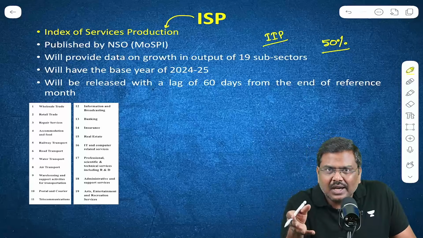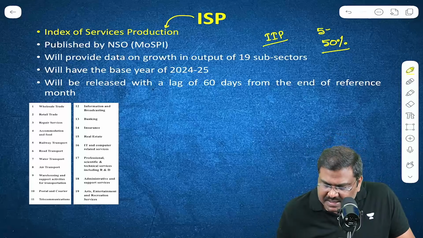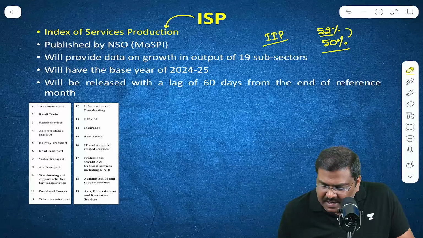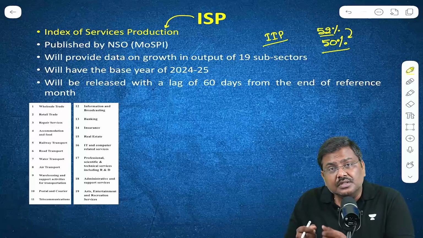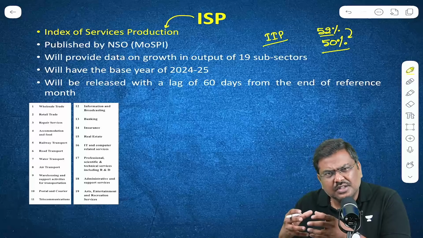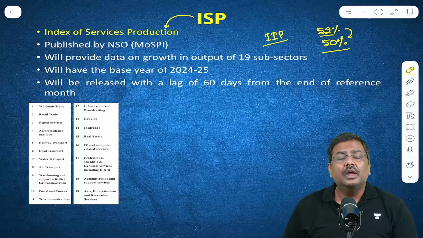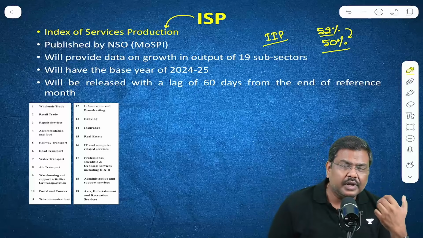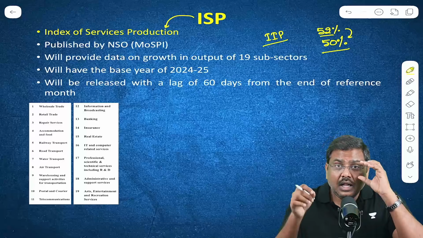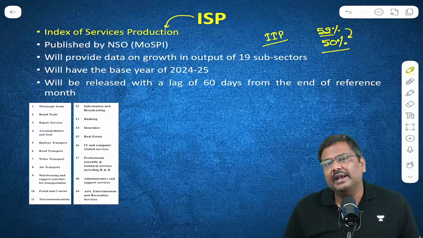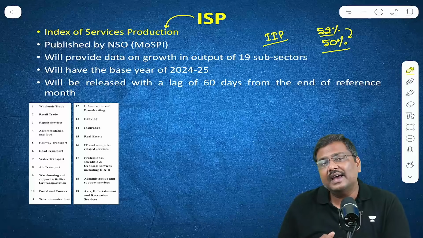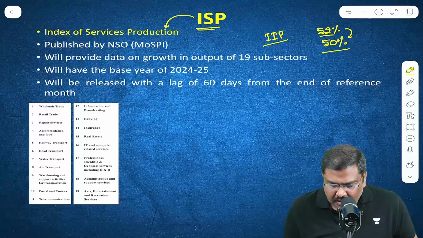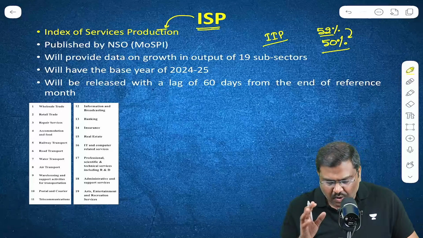In fact, according to the latest data, 52% of the gross value addition has come from the services sector itself. In addition, the services sector accounts for a large chunk of employment in India. It also brings in a huge amount of forex reserves and accounts for large exports from India. So considering all these important points, the government of India has announced a new indicator, the Index of Services Production.